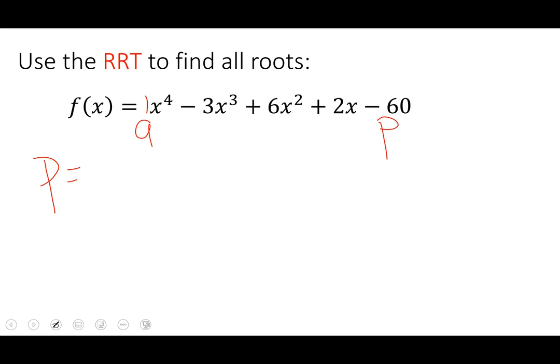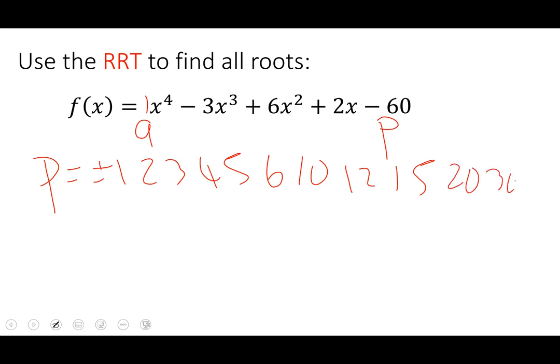So all the things that divide 60 are plus or minus 1, 2, 3, 4, 5, 6, 10, 12, 15, 20, 30, and 60. Those are all the things, positive and negative, that divide evenly into negative 60. Then your list of q's are all the things that divide evenly into positive 1, which would just be plus or minus 1.